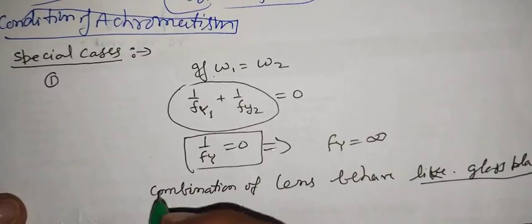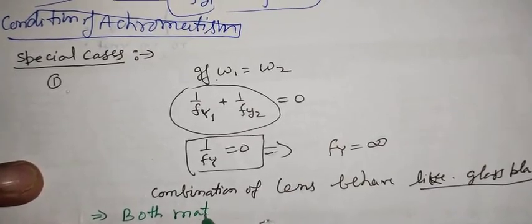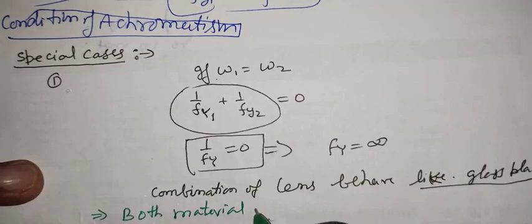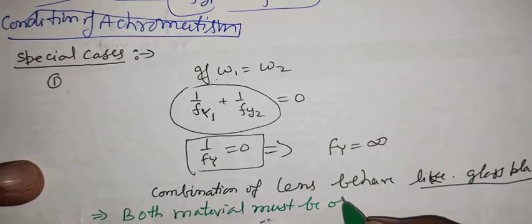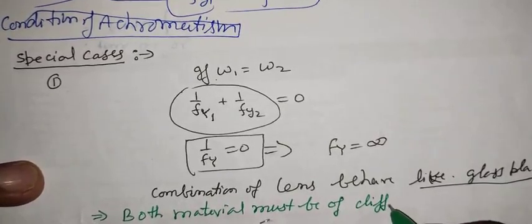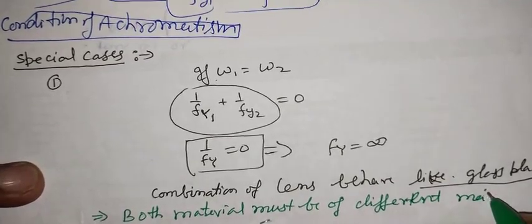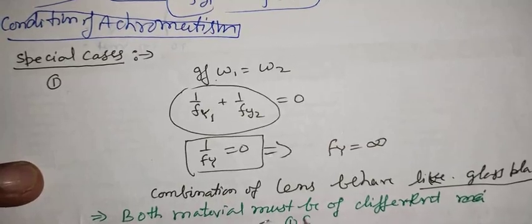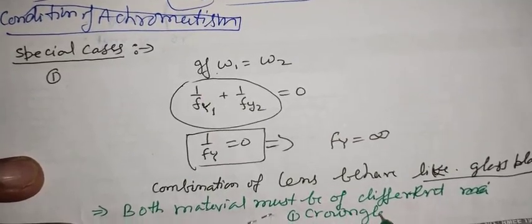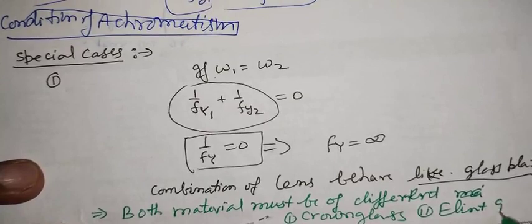So for the lenses, both materials must be different. If one is crown glass, the second must be flint glass.